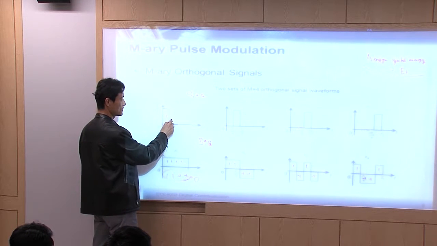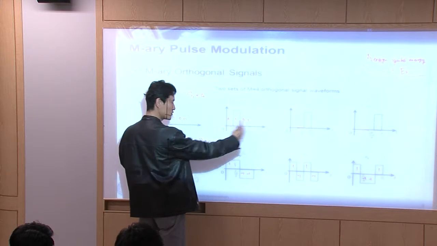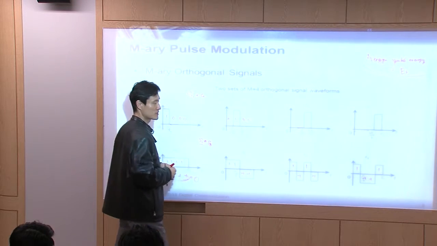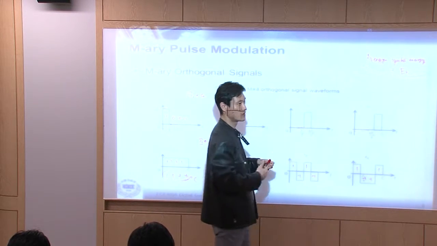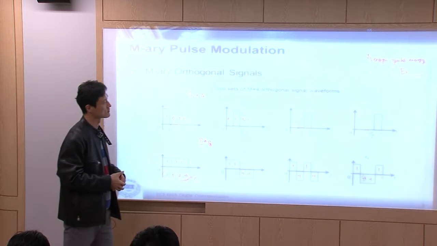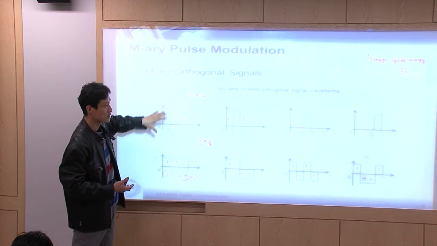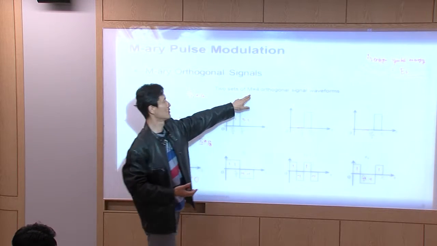This is like 1, 0, 0, 0. 0, 1, 0, 0. Let's do the same way. When you multiply, you get 0. Any pair, you get 0, right? So that's why we see that this is orthogonal signaling in the case of M equal to 4.